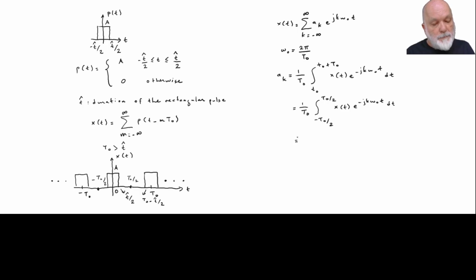Now here, if we look at the value of the function within that interval, x of t is non-zero only over the interval from minus t cap over 2 to t cap over 2, and the value of the function over that interval is a. So we have a e to minus jk omega 0 t integrated with respect to t.